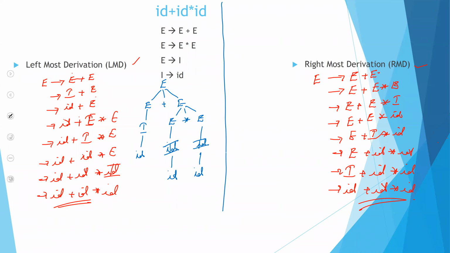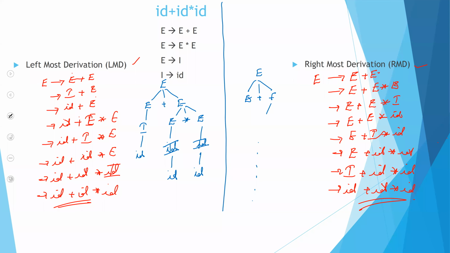Now, let us do the tree for the rightmost derivation. E plus E, you can construct it, even for the rightmost derivation. Now, if you look, the steps are a bit different for LMD and RMD.